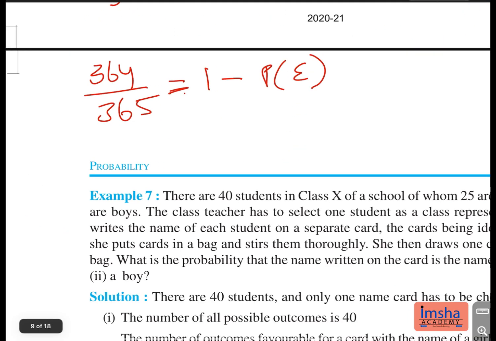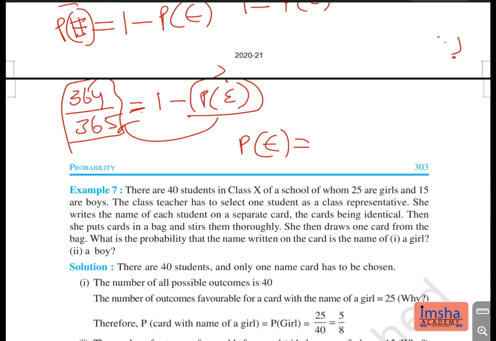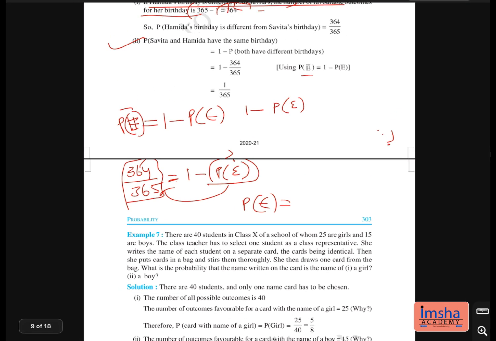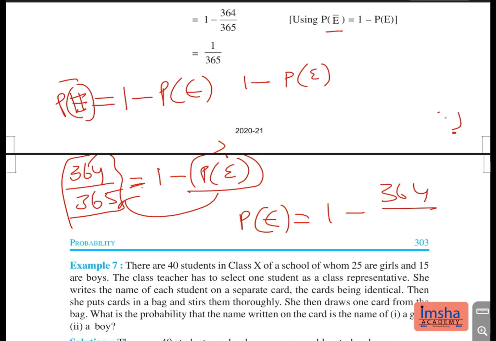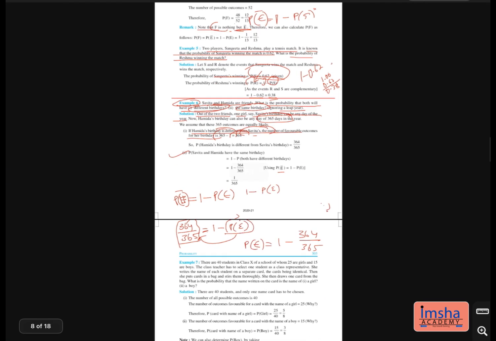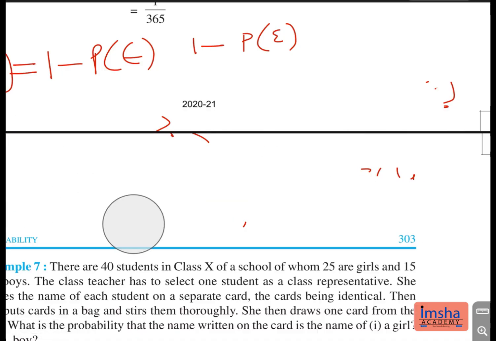Okay, so when we bring this from the right hand side it becomes minus, and when we bring this from the left hand side it becomes plus. So P of E is equal to 1 minus 364 divided by 365. Now we will cross multiply.